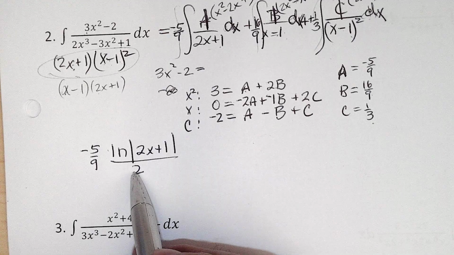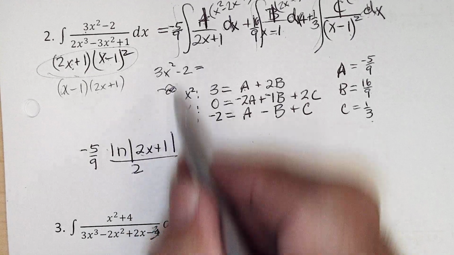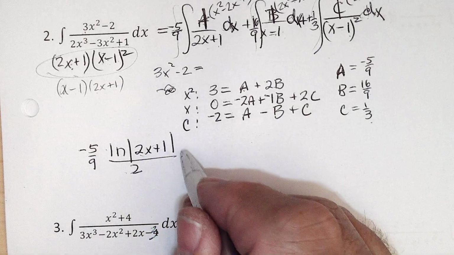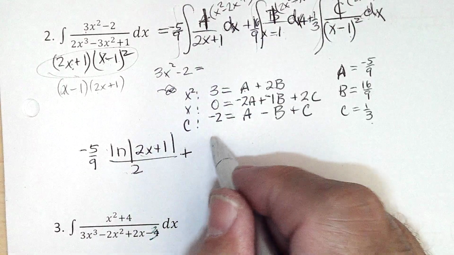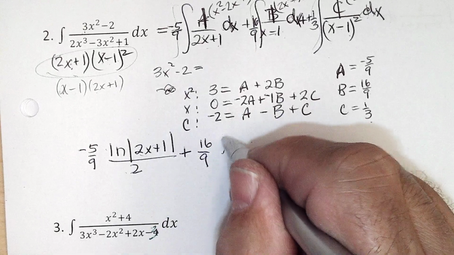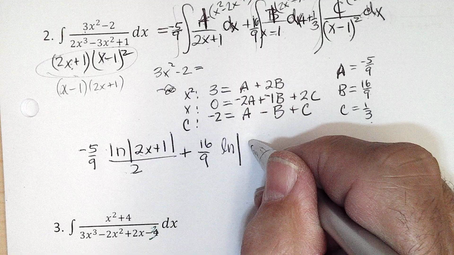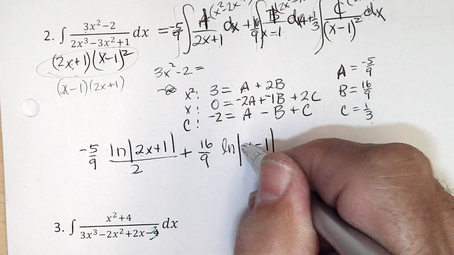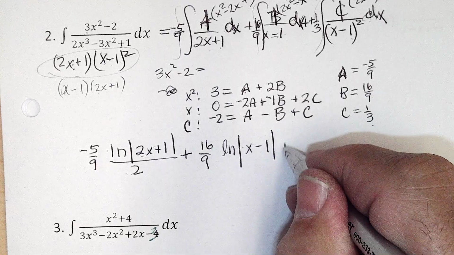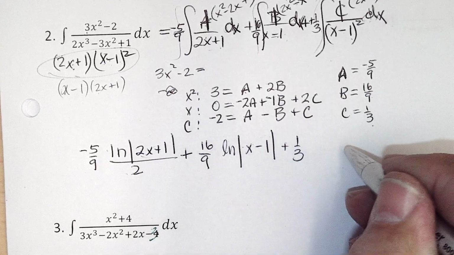And so you have to have a 2 to cancel it. You get 1 over that, which we have, times the 2, which we have to get rid of, plus 16 over 9 ln x minus 1. It's a 1 in front of it, so you don't have to divide by anything.